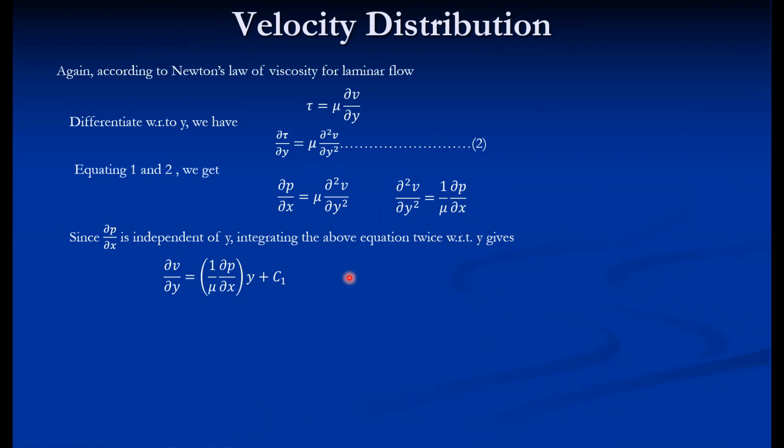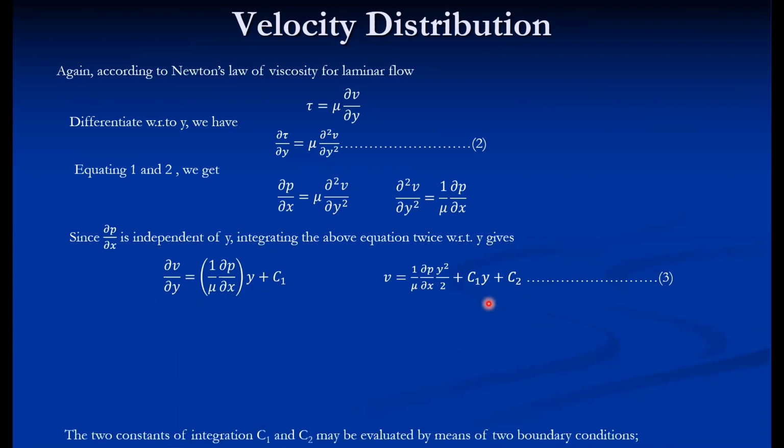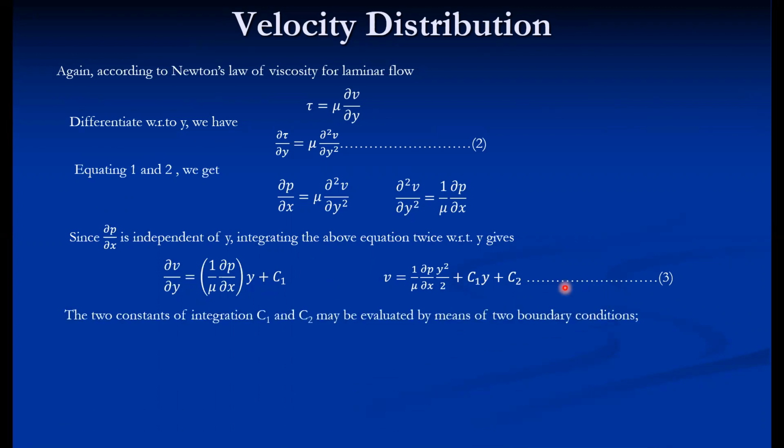First integration, we get this expression: y plus c1. The second integration gives y square by 2 plus c1 y plus c2. Now these constants of integration we can obtain using boundary conditions. As far as the boundary conditions for velocity and y are concerned, we know the boundary condition at both plates, that is at the lower plate and upper plate.